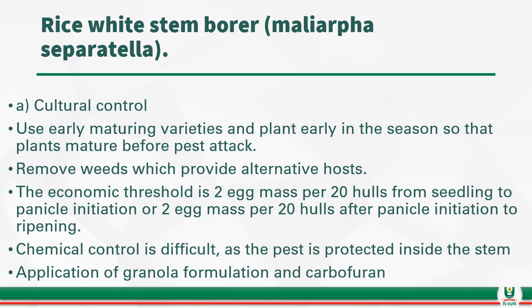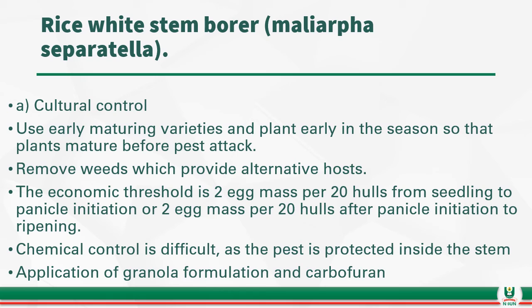So what you're doing is that you are just trying to beat nature by planting early, so that by the time the rice is mature, the stem borers will not be able to get into the stem anymore. You also remove the weeds, which are the alternative host of this particular pest.